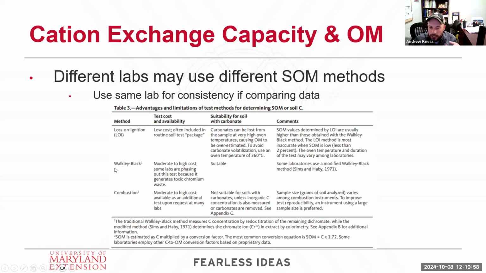The point to be made here is that different labs use different calculations. So that's why we recommend that you pick a lab and just stick with that lab, because there could be differences in how they're calculating your soil organic matter. If you switch labs and all of a sudden notice a really big discrepancy in how much organic matter you have in your soils, it would be a good idea to go back and see how they're calculating organic matter, because I would bet that they're using a different method than what you had previously been using.